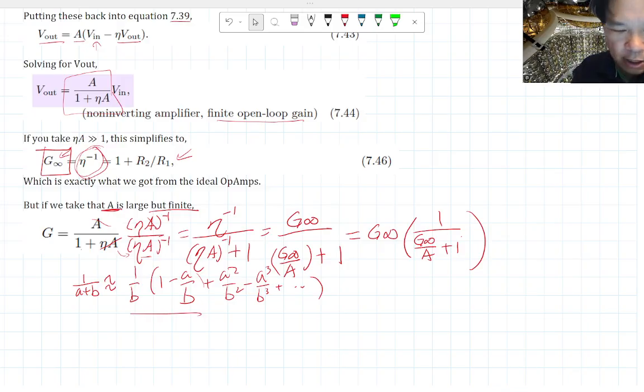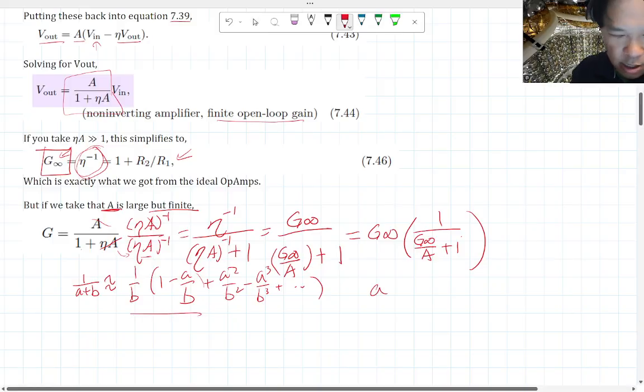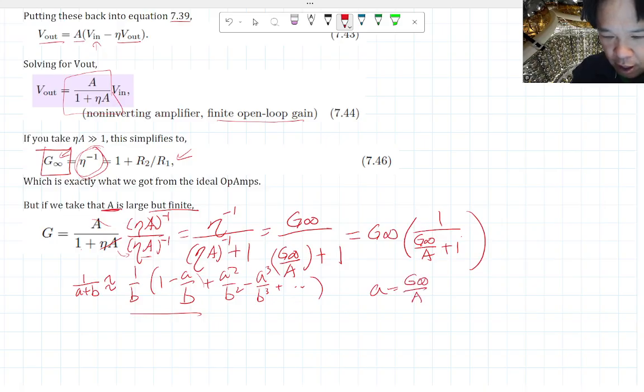Okay, so in this case, basically our a is g infinity over capital A. Our b is nice because it's just 1. So this g is approximately, the g infinity stays. And then you have this fraction, which is approximately 1 over b.